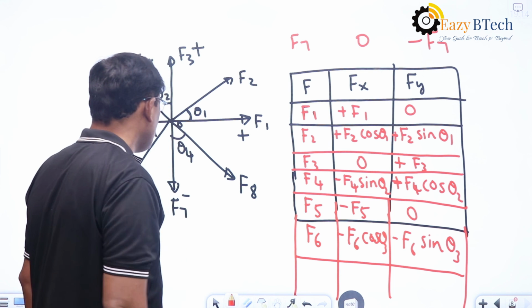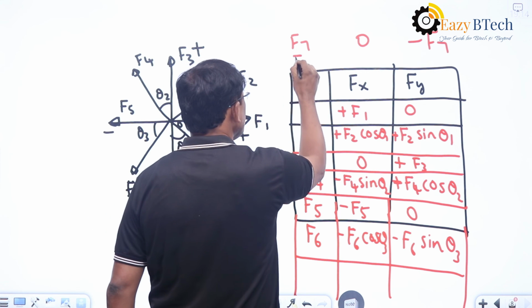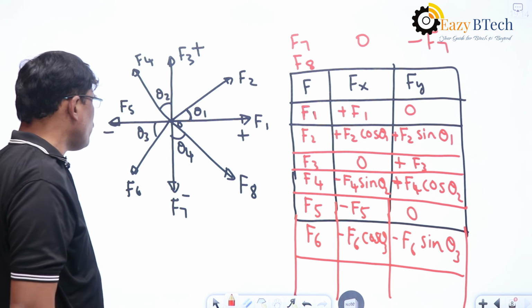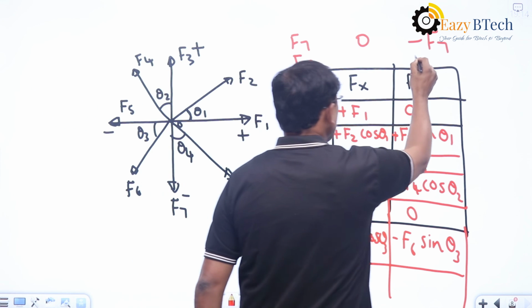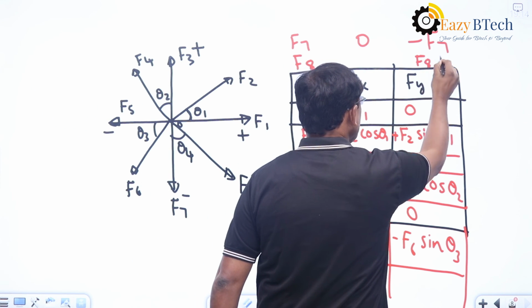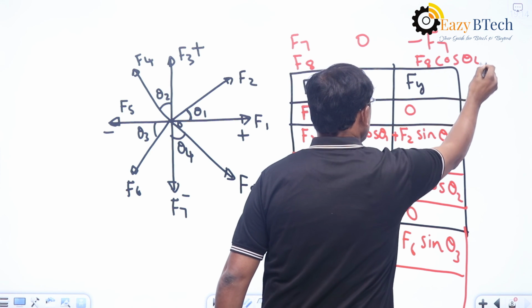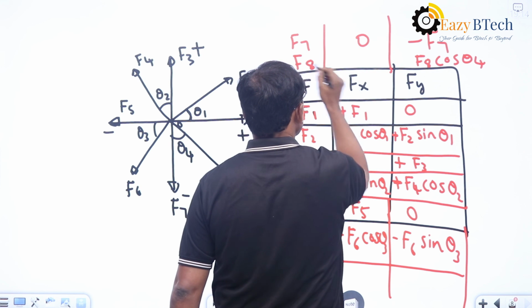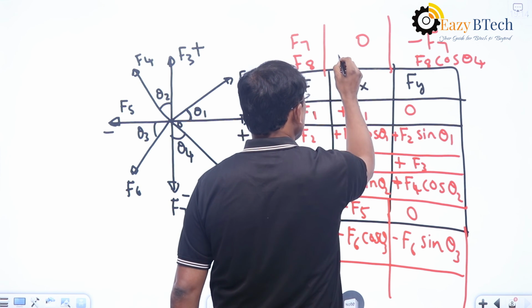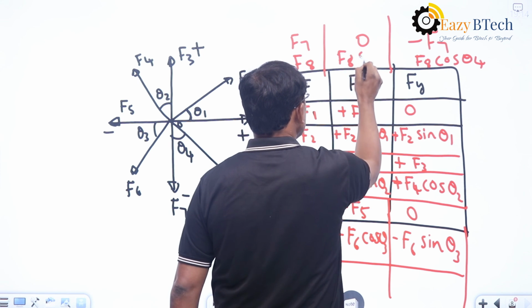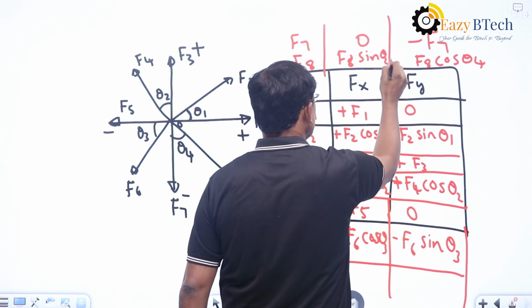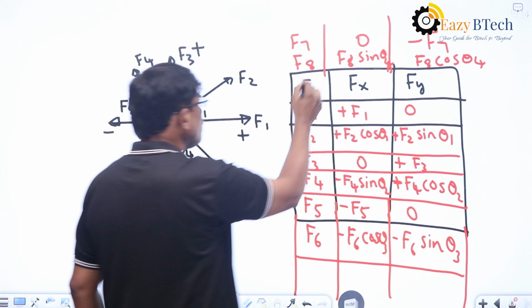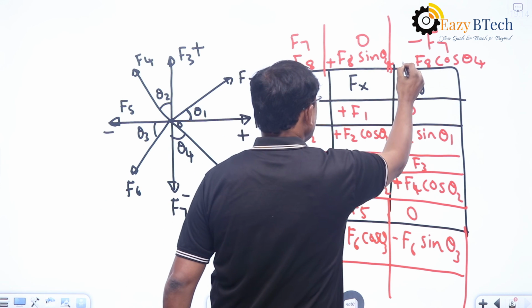And another one is F8. It is making an angle theta 4 with y. So y component will become F8 cos theta 4, whereas x component is F8 sin theta 4. So in this one, the x component is plus and y component is minus.